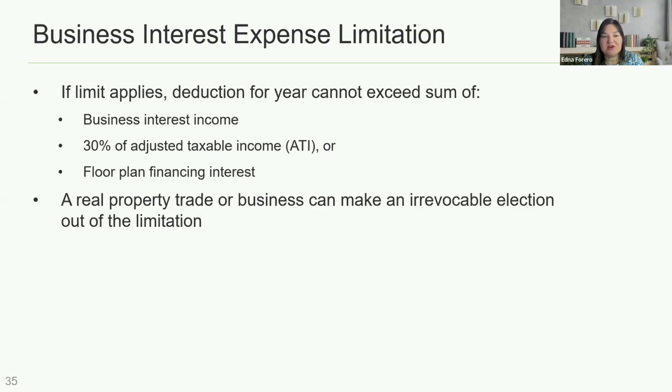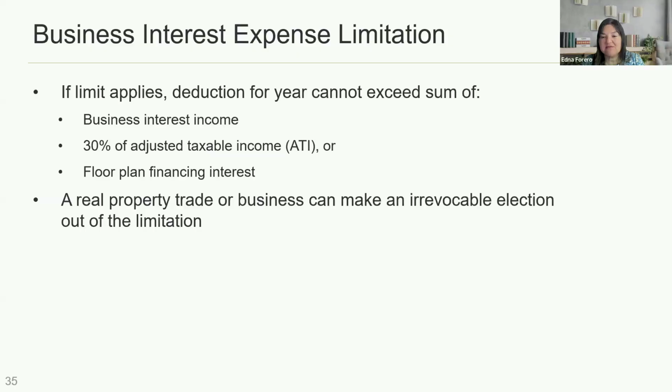Real property trades or businesses can make an irrevocable election out of the limitation as well. Again, we're talking about section 163 for that, and determining whether or not the business is below an average of $31 million for the last 3 years, as under the average of gross receipts.